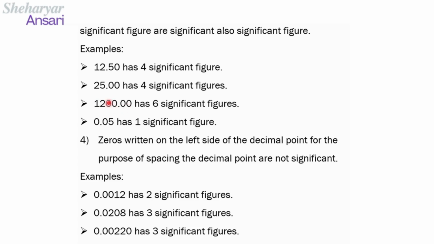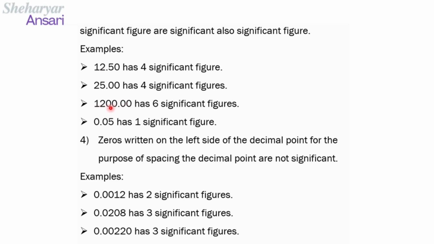What about these two zeros? According to rule number 2, if 0 is placed between two non-zero digits, then the 0 will also count as a significant figure. These 0s are also significant figures according to rule number 3.